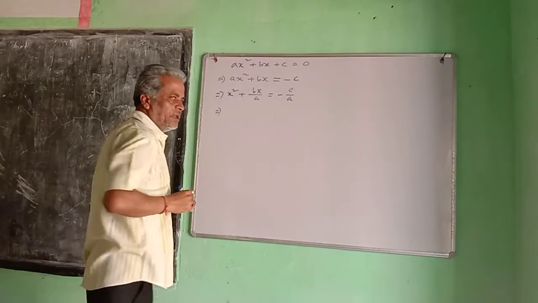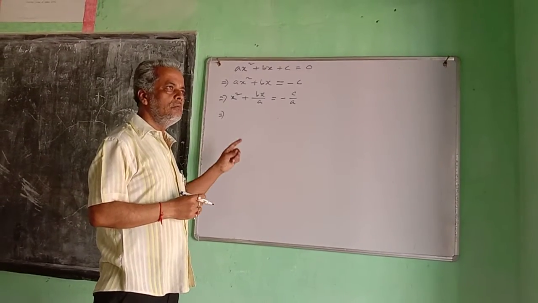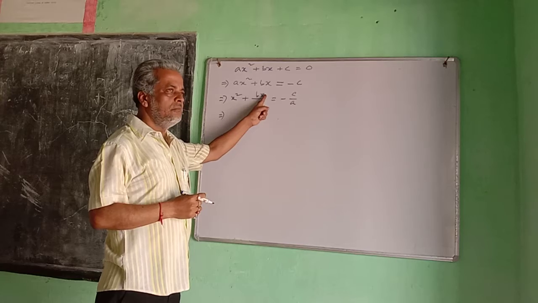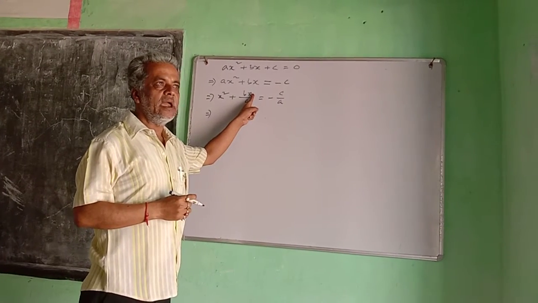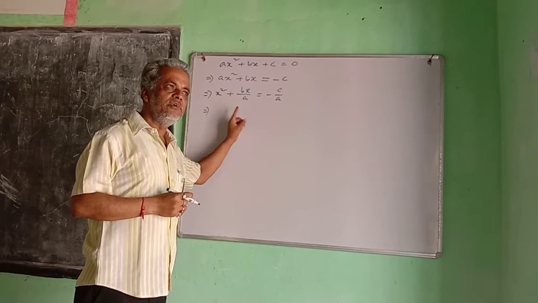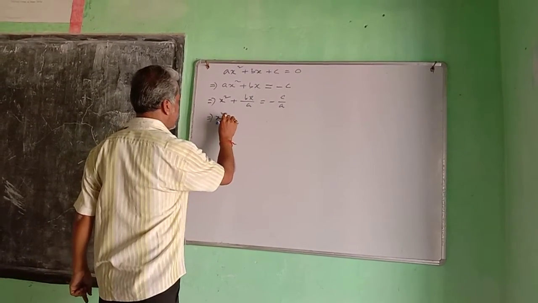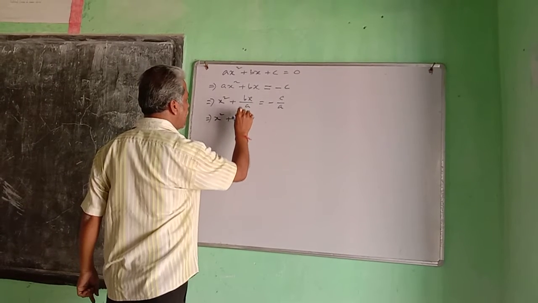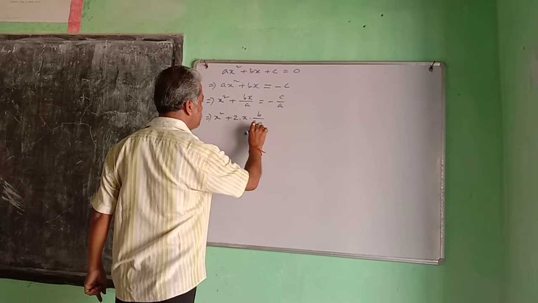Then the next step is multiply by 2. The term x is to be multiplied by 2 and then divided by 2. So x squared plus 2 into x into b by twice a.